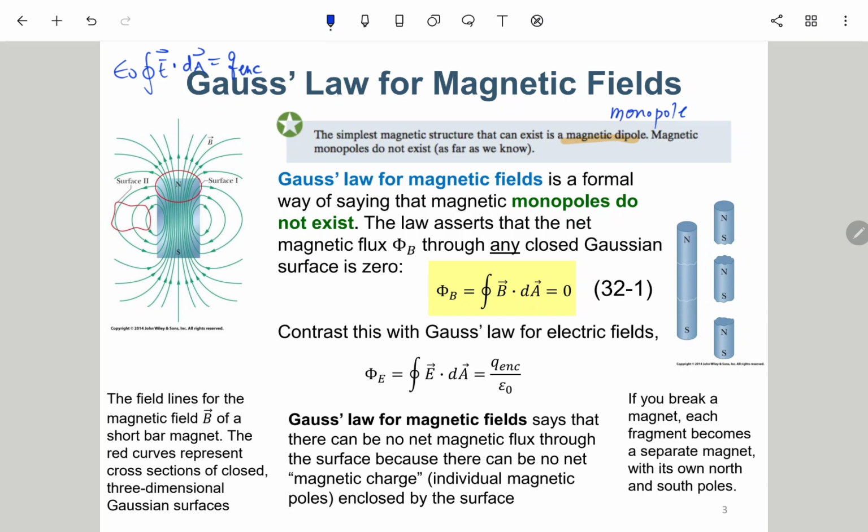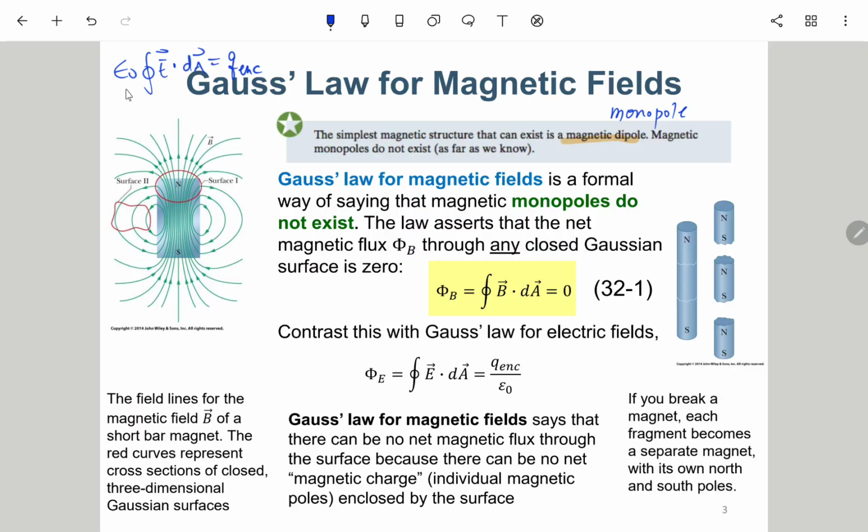Which means you can assume there is a Gaussian surface, and inside it you count the total charge. It can be positive charge or negative charge, and this net charge is related to the electric flux. Of course, there is a constant epsilon naught on the left side.